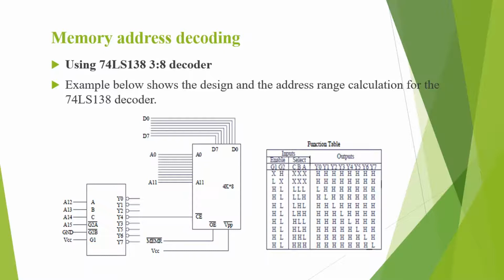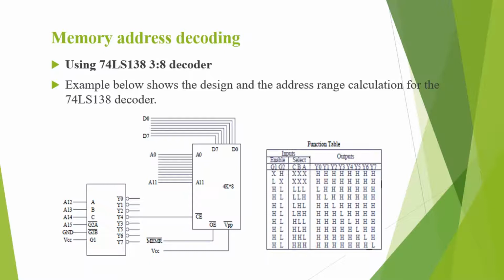The 3 inputs A, B, C are connected to the 3 address pins A12, A13, A14 and the G2A pin is connected to the A15 pin, whereas the G2B active low pin is connected to ground and the G1 active high pin is connected to VCC.